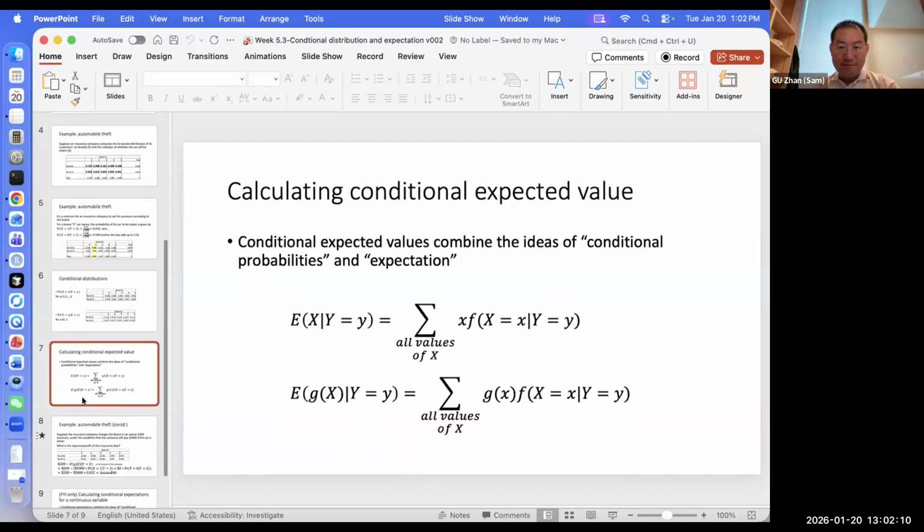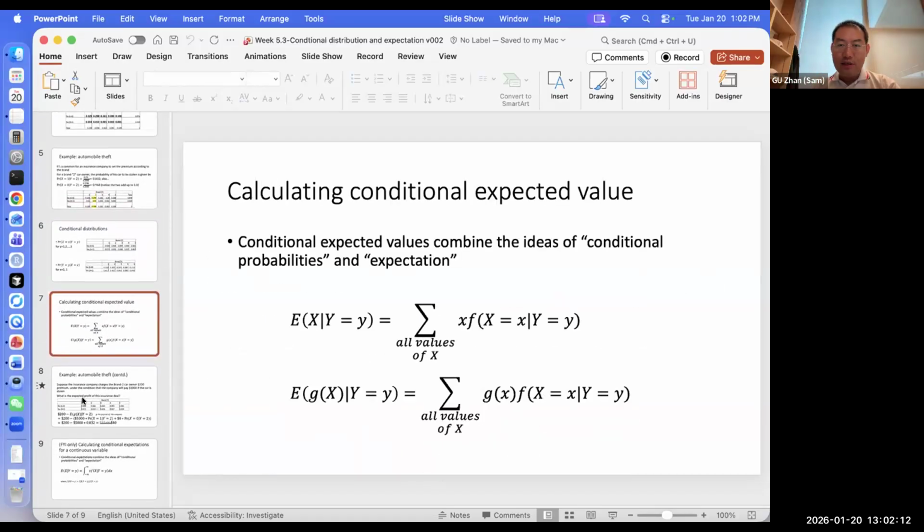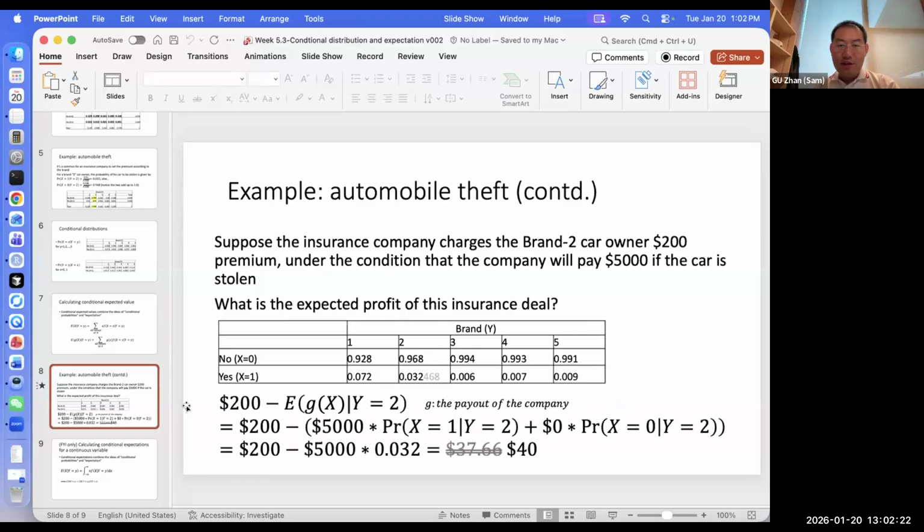Now calculate the conditional expected value. Here is the example. Suppose the insurance company charges the brand 2 car owner a $200 premium, under the condition that the company will pay $5,000 if the car is stolen.